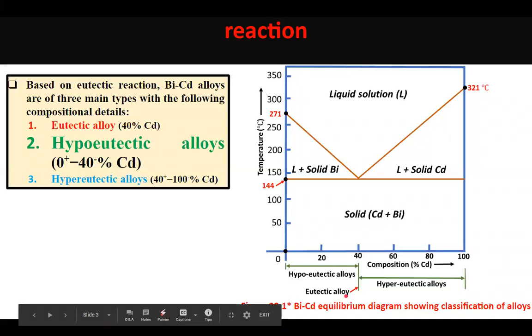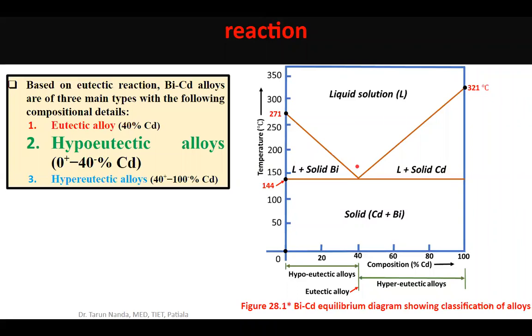What we try to emphasize by using the term "it shows the reaction completely" is that it only has the reactants and then the products which come from the reaction. In the eutectic reaction, when we reach the eutectic temperature, the eutectic alloy has 100% liquid phase in it, and that liquid phase is of eutectic composition.